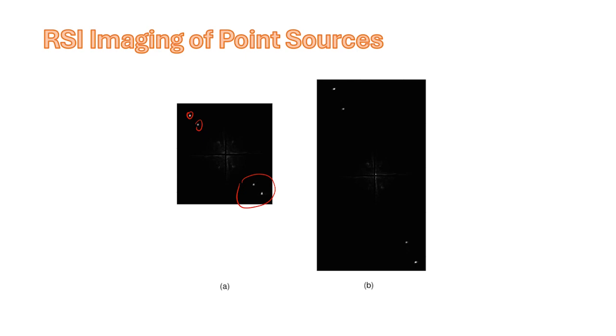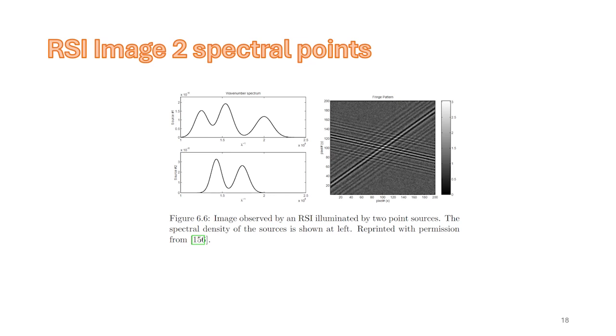If you look at the RSI pattern you get from systems with finite spectral width, so instead of point sources at single frequencies, we have 2 point sources here with 2 different spectra. You see the spectral envelope laid out, and then the 2 point sources have an orientation corresponding to their location in space that creates these fringes in an RSI.